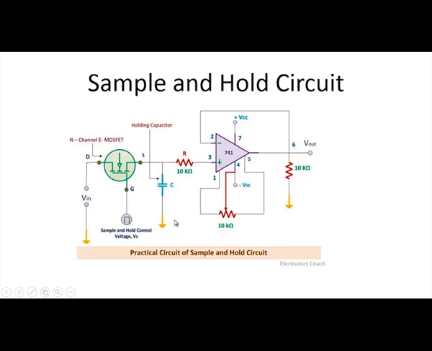The capacitor will not charge during that period, and it holds the previously charged amplitude of the input signal. This acts as the input for the voltage follower, and the output is nothing but the input of the voltage follower circuit.